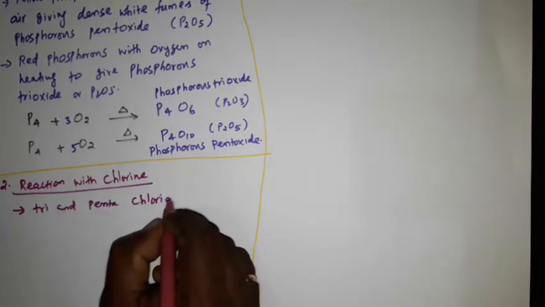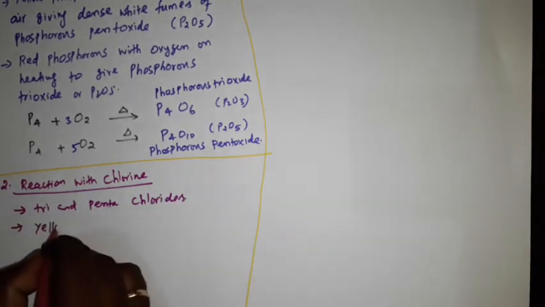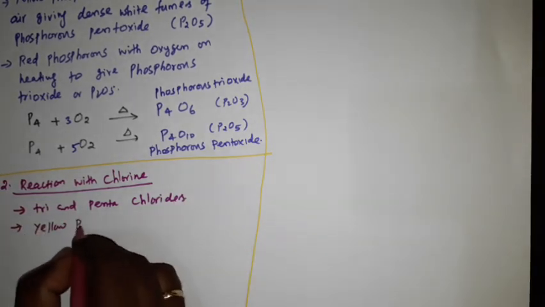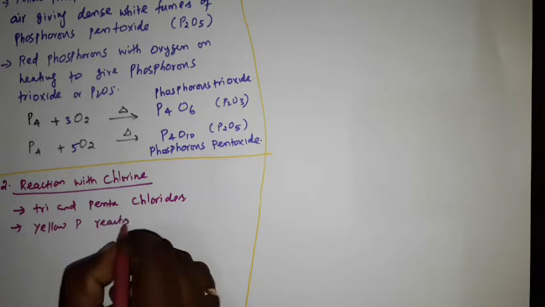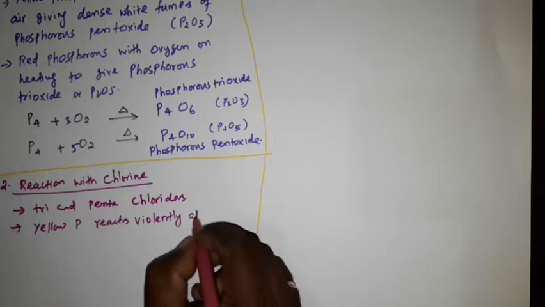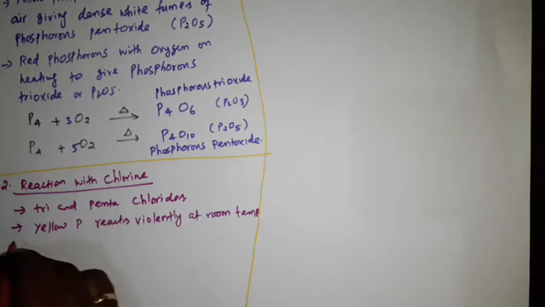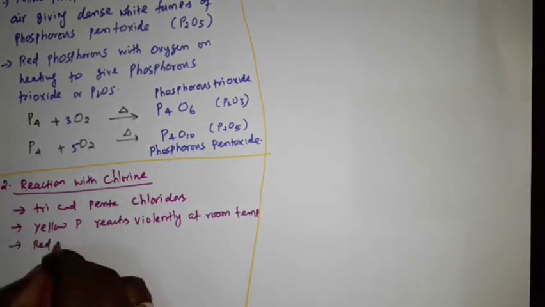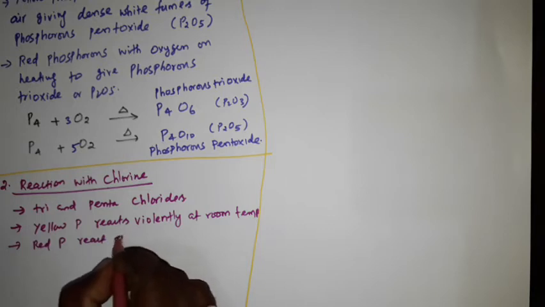Normally yellow phosphorus reacts violently with chlorine at room temperature, whereas red phosphorus reacts on heating.